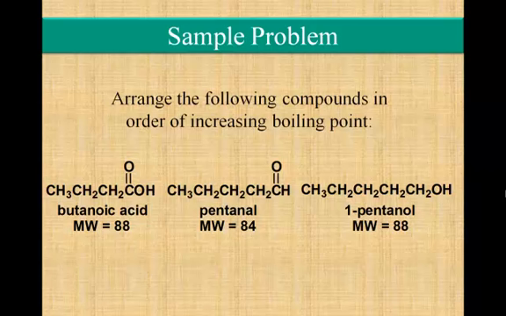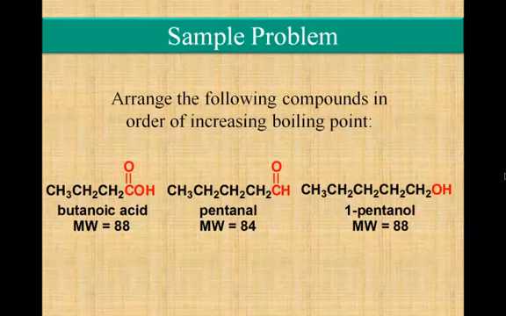Well, the first thing we have to think about is what are the functional groups on these compounds. So the first one, we have a carboxylic acid, an aldehyde, and an alcohol. Both the carboxylic acid and the alcohol are capable of hydrogen bonding with each other. The aldehyde is not. So the aldehyde is going to have the lowest boiling point.